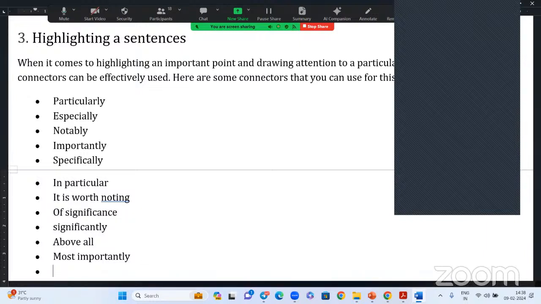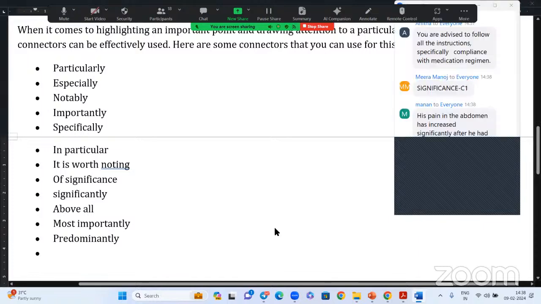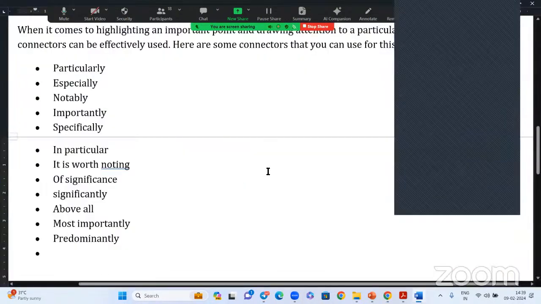Why do we not use this one? Predominantly is C2 vocabulary. Predominantly, mostly or mainly means importantly only. It's C2 vocabulary. Why don't you use predominantly? So if any such word is there, use predominantly in the first phase.